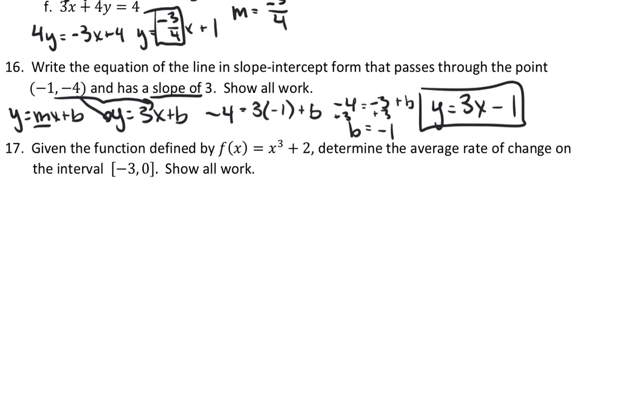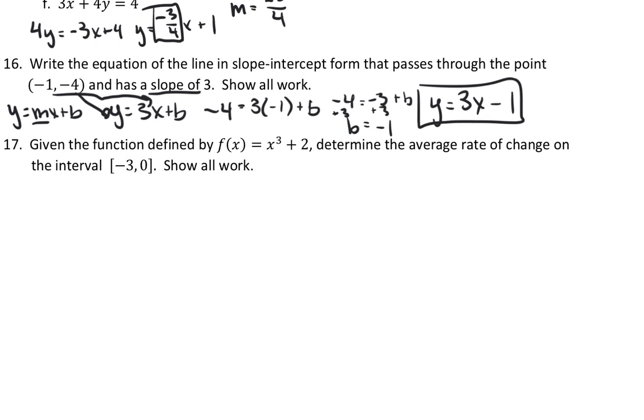So question 17. Given the function defined by f of x equals x cubed plus 2, determine the average rate of change on the interval -3 to 0. What we need to do is find our points at -3 and at 0 so that we can use our slope formula to find the average rate of change.